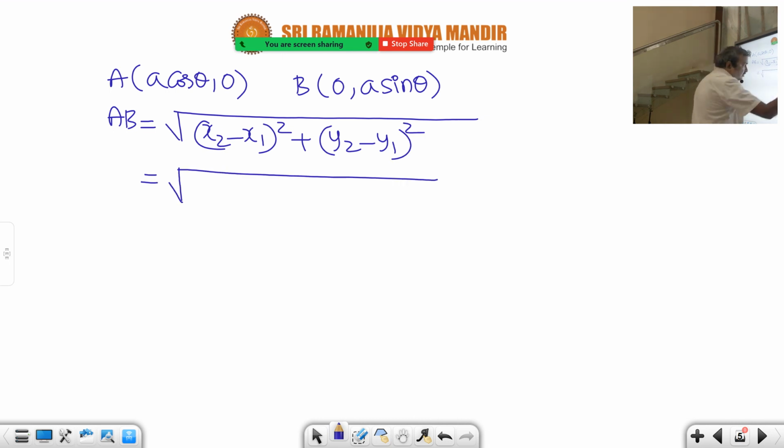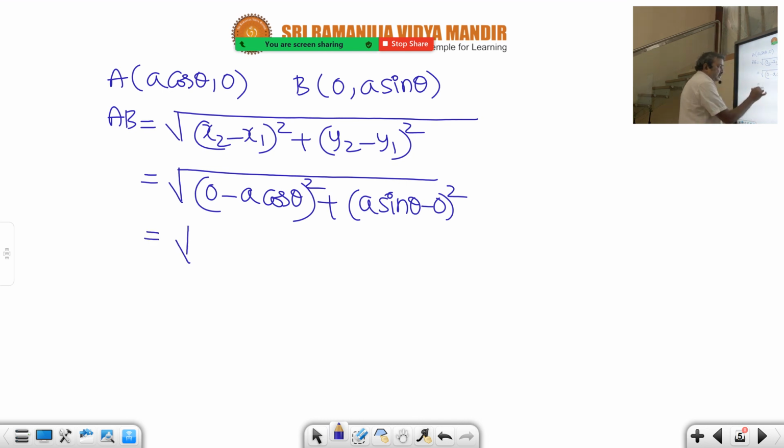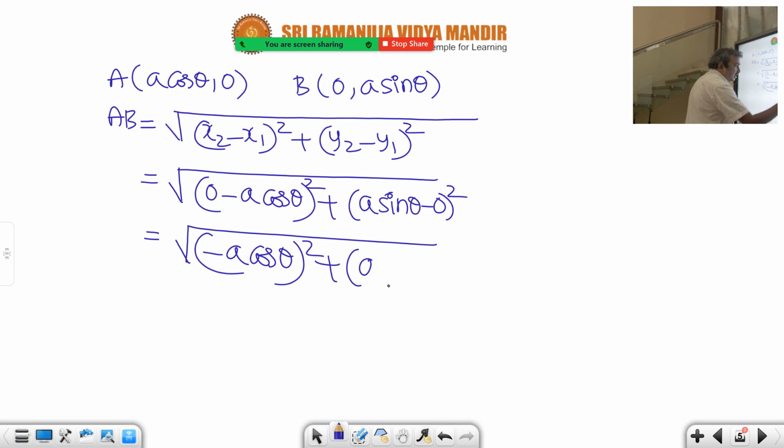Now it is full square root of 0 minus a cos theta whole square, correct? And a sin theta minus 0 whole square, right? From this, it is minus a cos theta whole square, and a sin theta whole square, correct?